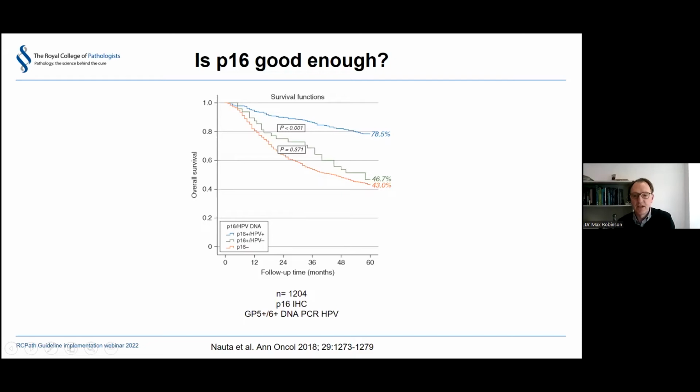Interestingly, looking at this data, the green line represents those that are P16 positive but HPV DNA negative by the PCR test. And in these patients, they seem to track with the HPV negative patients. In fact, these patients only make up about 4% of this cohort, but that still equates to 48 patients in this study.